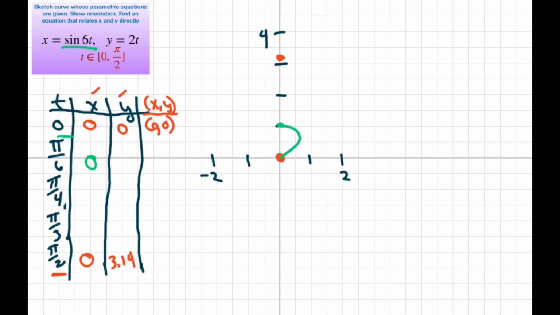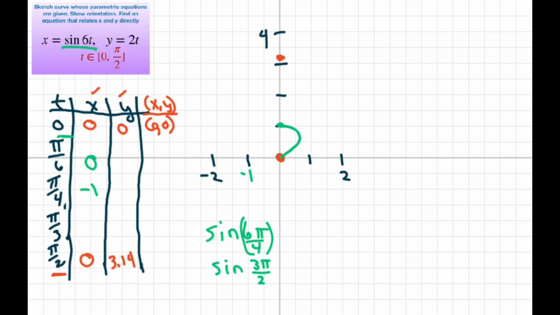All right. Now pi divided by 4. So if you have sine of 6 times pi divided by 4, that's going to be sine of 3 pi divided by 2, which is negative 1. So we get something here.